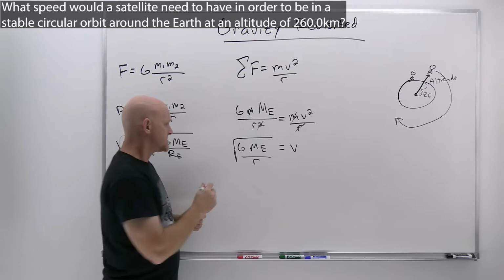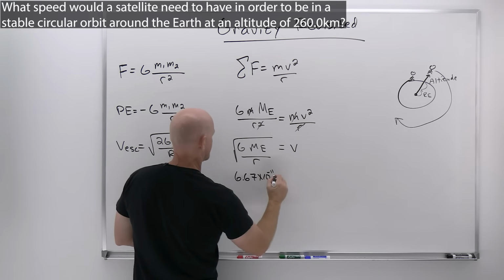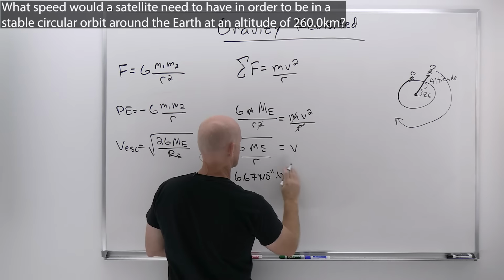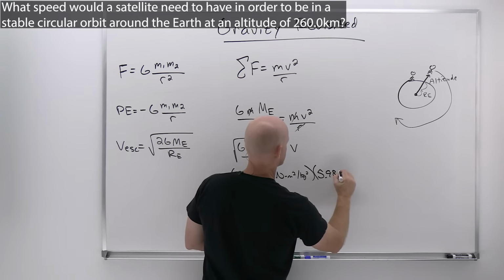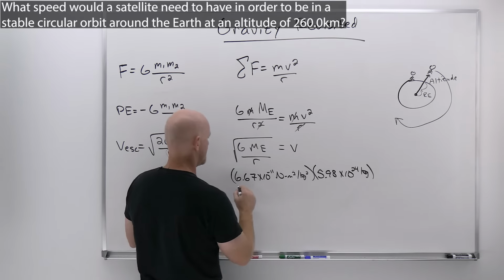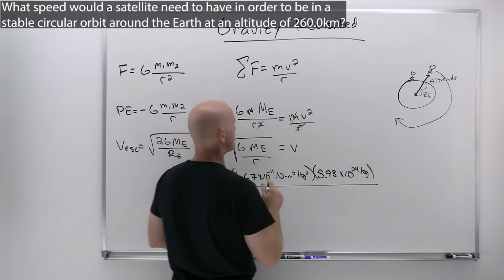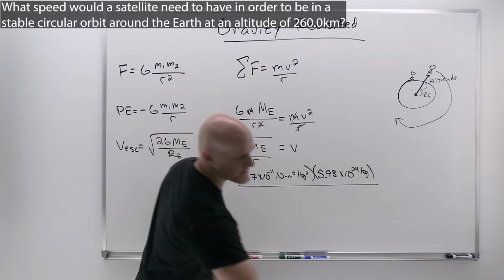All right, we can do some plugging and chugging. So G is 6.67 times 10 to the negative 11 newton meters squared per kilogram squared, times the mass of the Earth, 5.98 times 10 to the 24th kilograms, given yet again in the question, all divided by r. And once again, it's going to be the radius of the Earth plus the altitude that he's at.